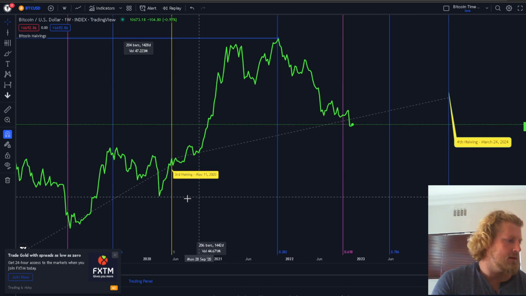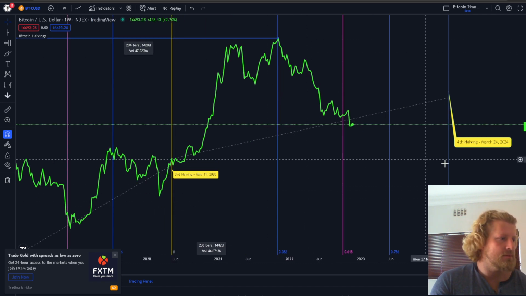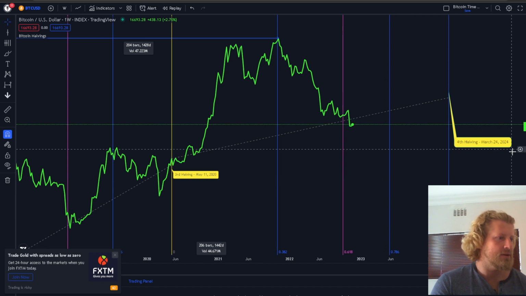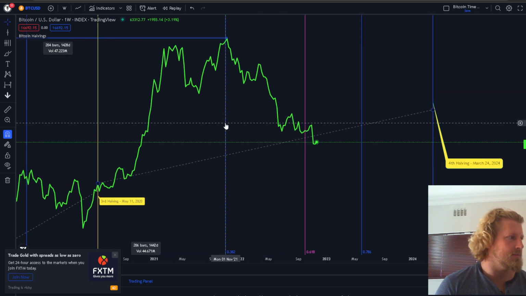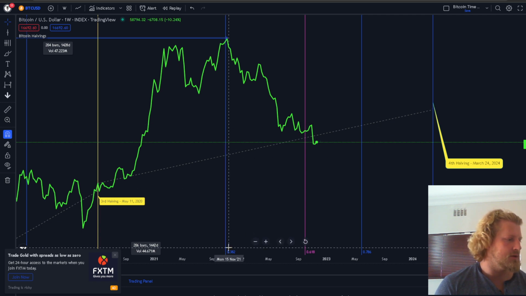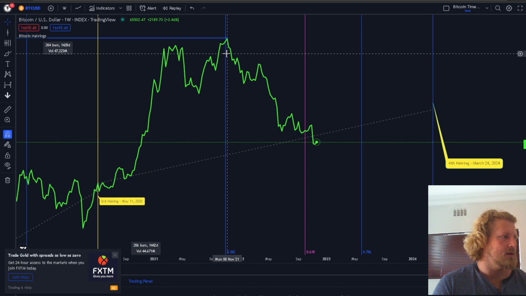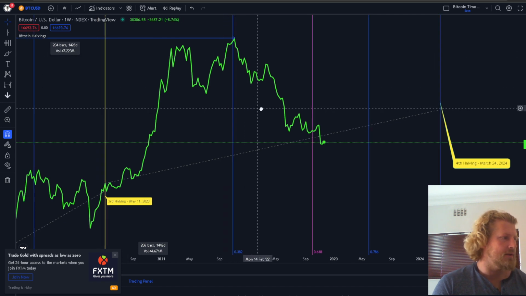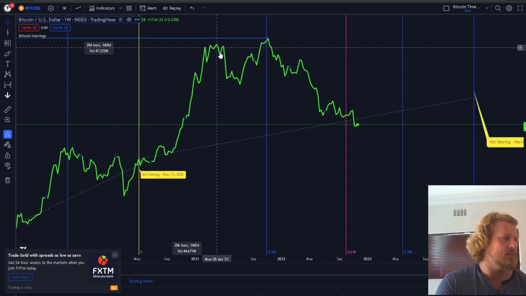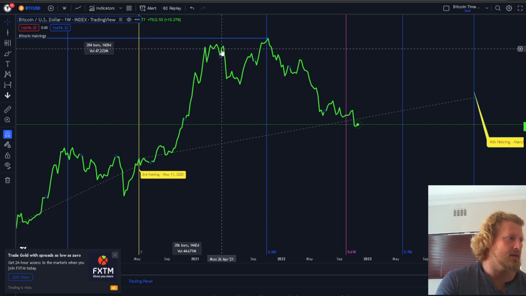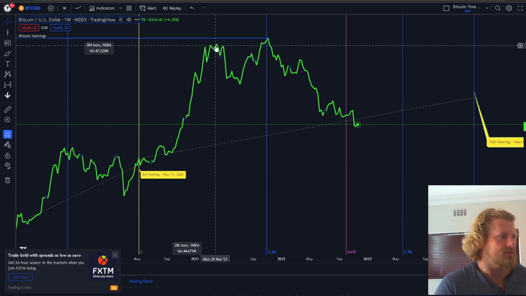Then again, this new time analysis between the third and the fourth halvening shows us that the top came in the week after the 0.382 printed, which is quite accurate. Many people think that the previous high that was made here was in fact the Bitcoin top this cycle.